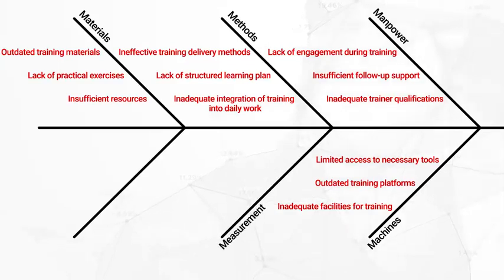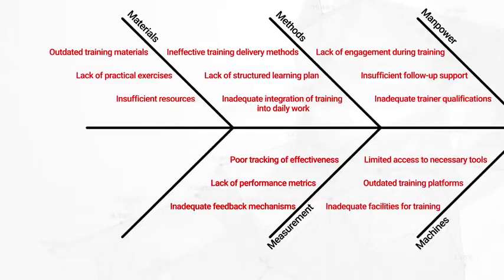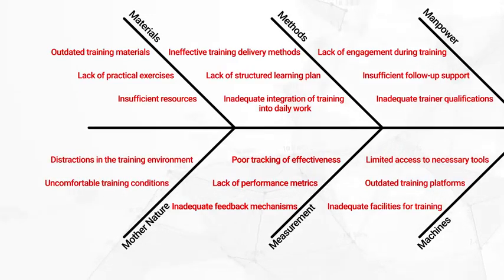For measurement, there could be poor tracking of training effectiveness, lack of performance metrics to evaluate the training impact, or inadequate training feedback mechanisms from employees. Last but not least, Mother Nature or environment. There could be distractions in the training environment, uncomfortable or unsuitable training conditions, or external factors affecting employees' focus and retention.